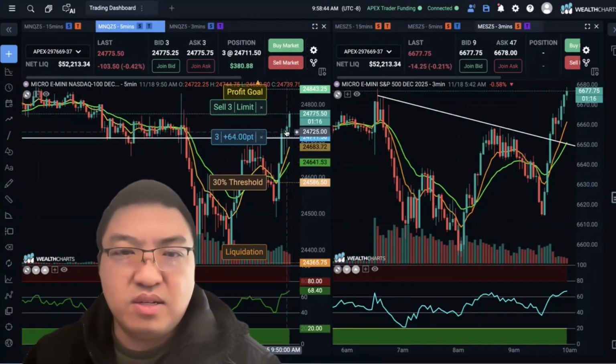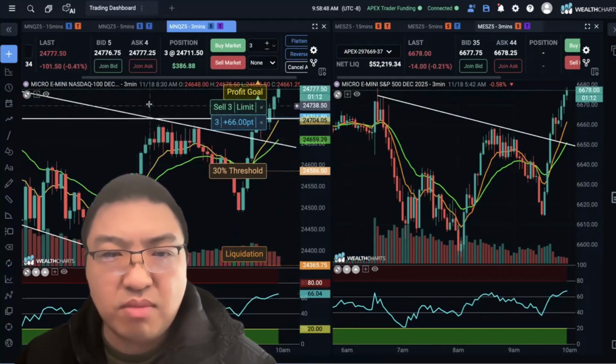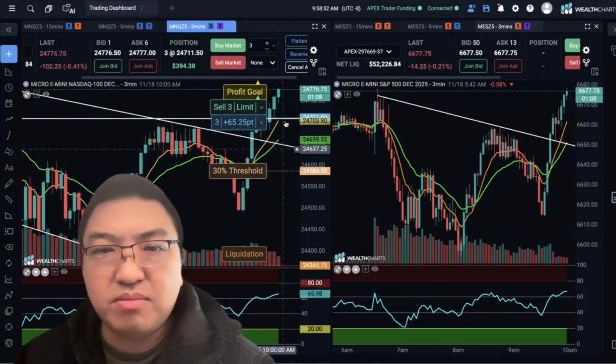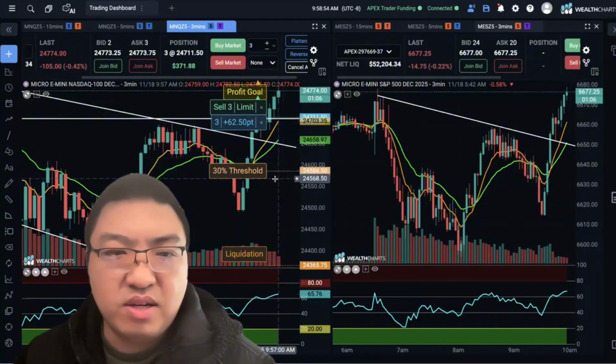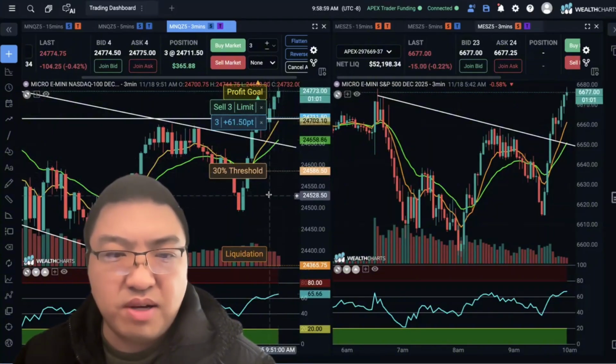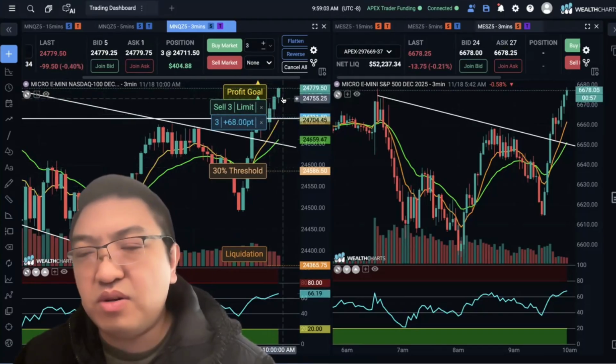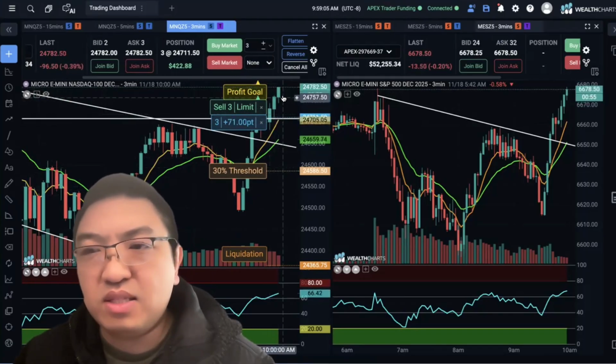Another good idea is that I use a trailing stop loss somewhere, just in case something changes and it falls back. I'm not sure what's going on, but suddenly it just boops up. See, very strong upward momentum.